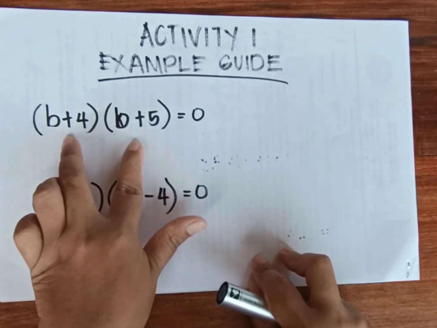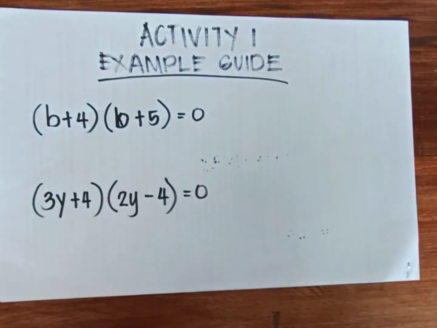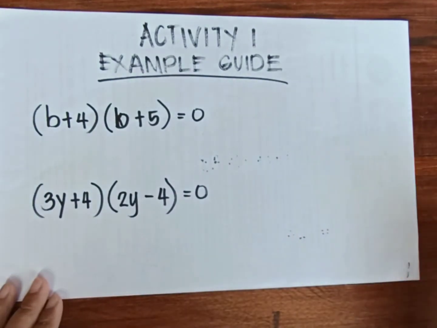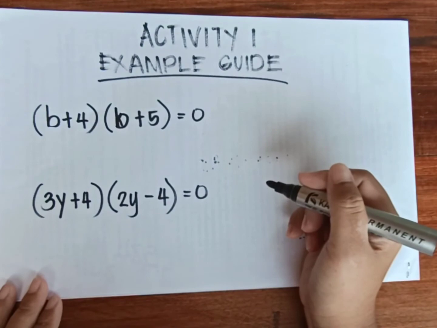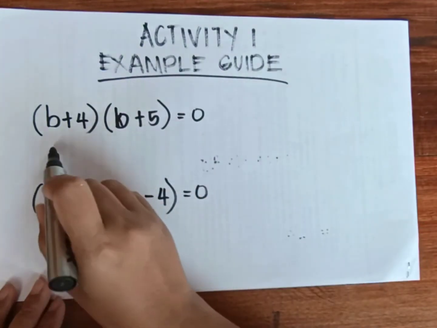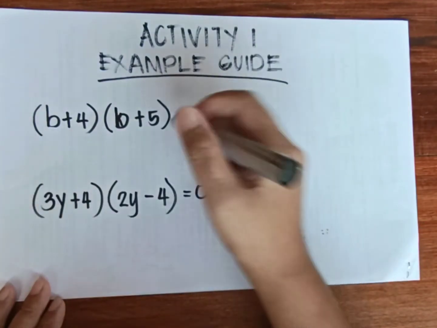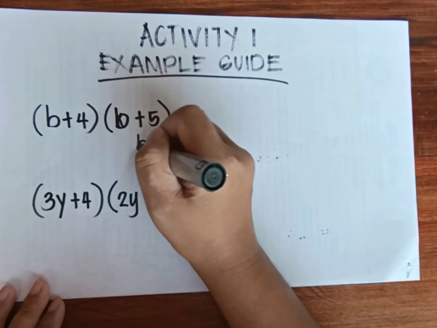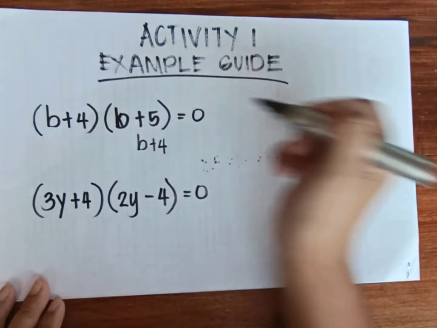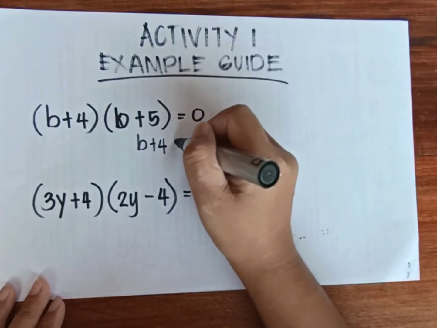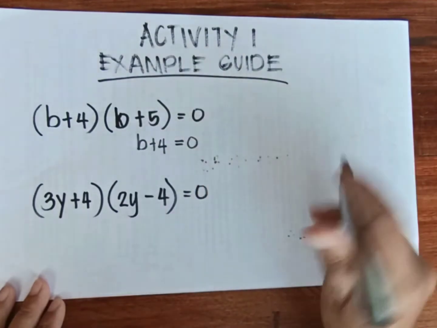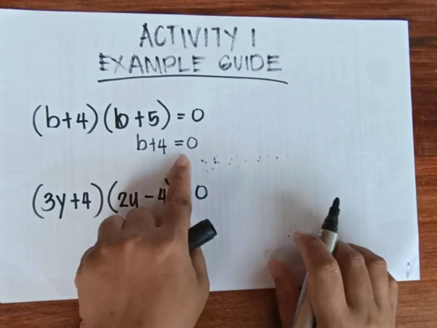Okay, so, what step 3 says is this: you equate it to 0. So, you copy the first factor. So, let's say b plus 4. And then, equate to 0, equals to 0. So, you equate it to 0.